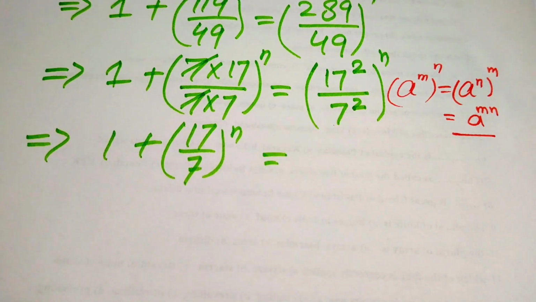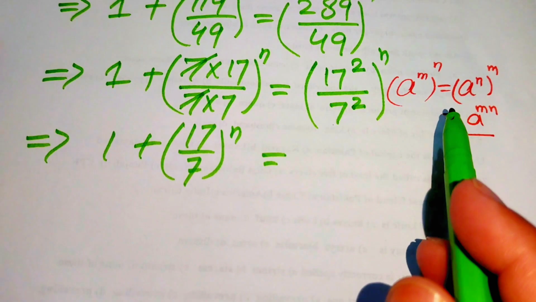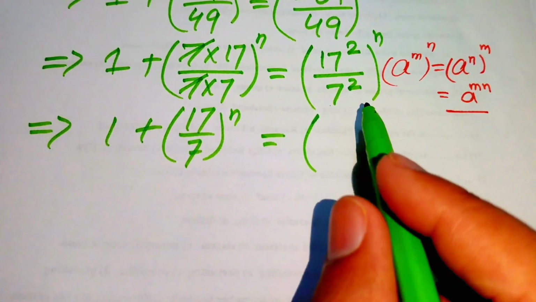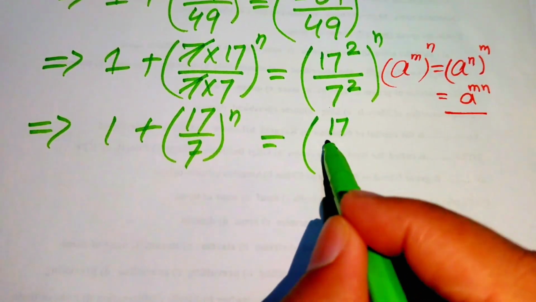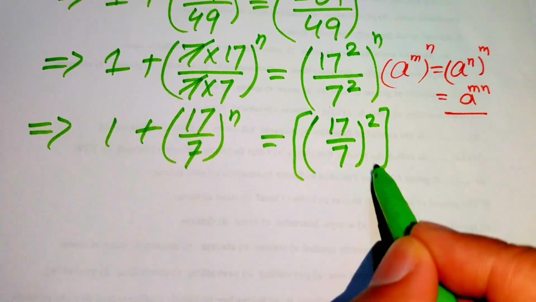It means that if we interchange these exponents, it cannot affect our final answer. So here we need to interchange this exponent, but first we combine this exponent and write it as 17 over 7 squared and its whole power n.